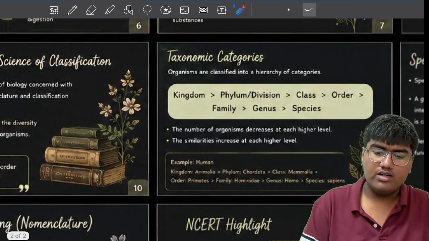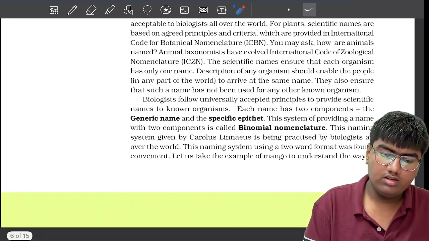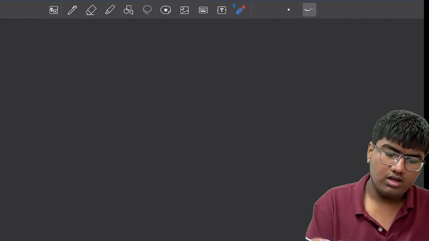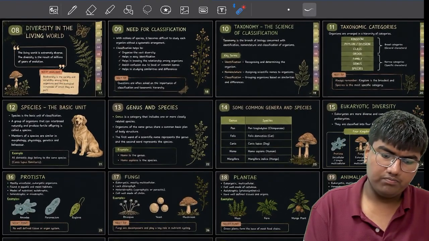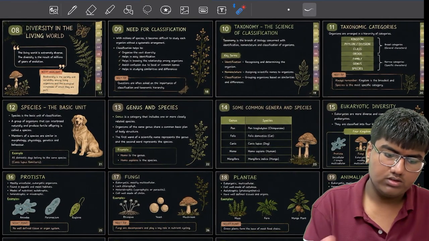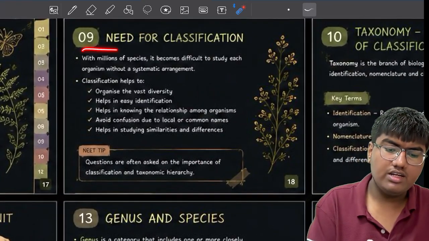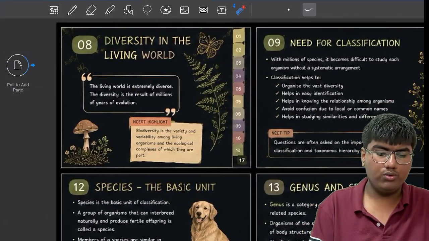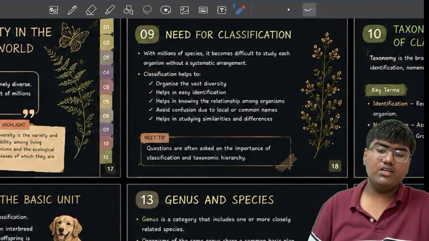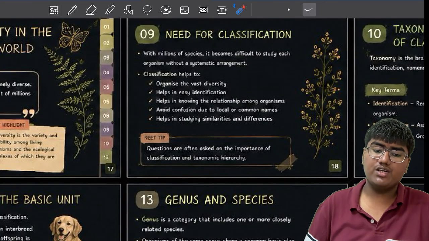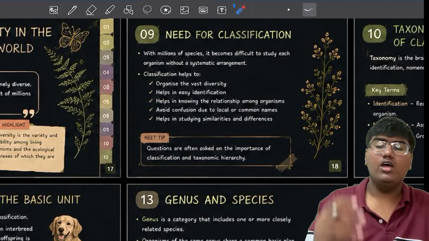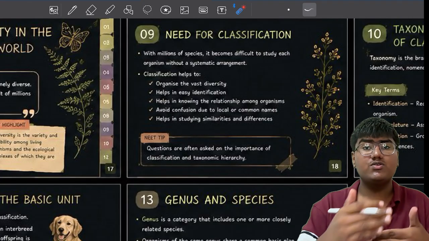Now let's understand the features, or you can say the rules, for taxonomy. First, let's understand the need of classification, then we'll go to taxonomy. With millions of species, it becomes difficult to study each organism without a systematic arrangement. Yes, you need to arrange or classify organisms.